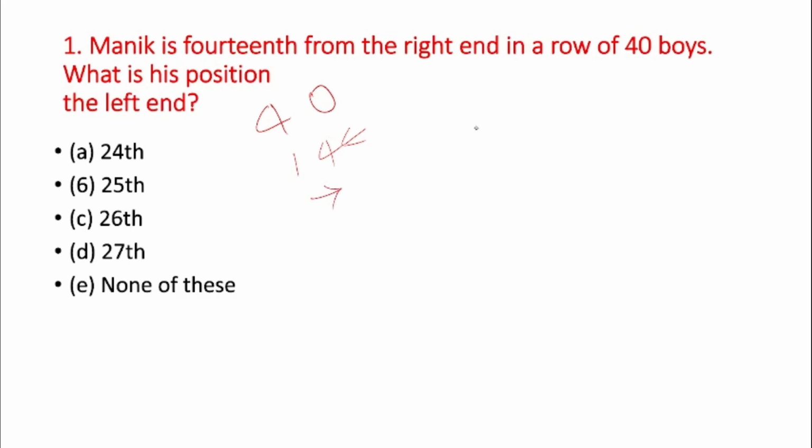We take the total number of people given minus the position of the person given, right? 40 minus 14 is 26, and we have to add 1 for the position of Manik, so 27. 27 would be the answer.